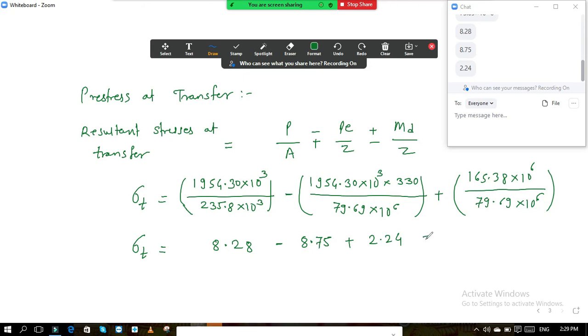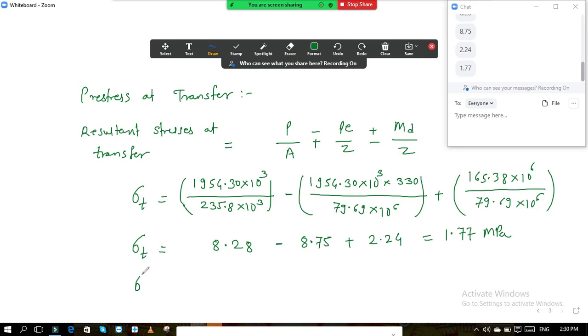So what is the answer? It is 1.77 Newton per mm square.